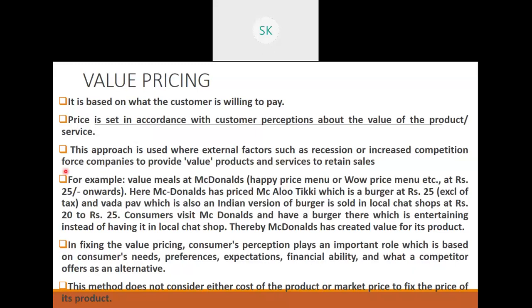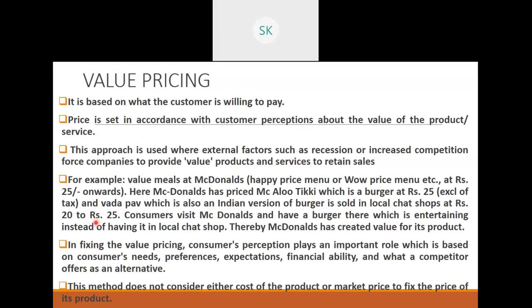Another example is vada pav, which is also an Indian version of the burger. For us, vada pavs are the burgers. That is sold at a very low price in the local shop; in a local shop you'll get it for 10, 15, 20, and a little hi-fi shop will go to 25 and 30. Yet a customer visits McDonald's to have a burger there, which is entertaining, instead of having it in a local chat shop.